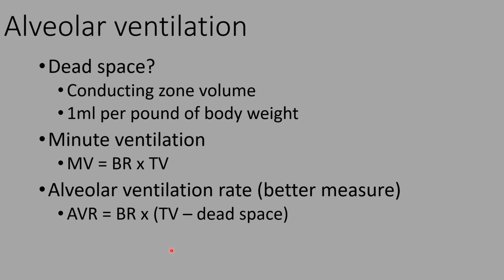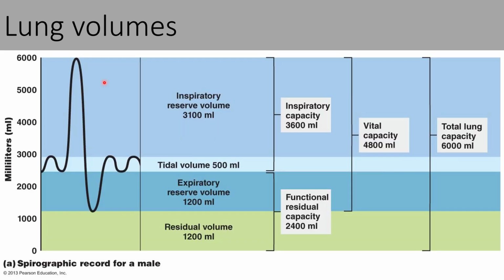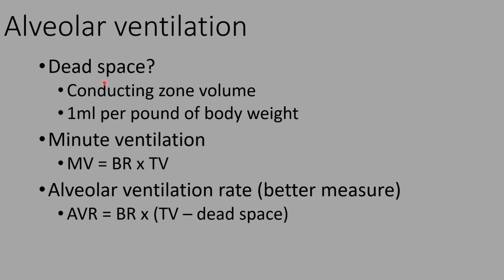And alveolar ventilation. So this is measuring some of those things that are going on in your lungs and how we use it for calculation. Well, first, there's one more thing that is not actually on this graph, and that's something called dead space or anatomical dead space. That means even though we talk about the lungs as though they are hollow, they're not really completely hollow. There are the walls of the alveoli, the walls of the capillaries, the walls of the bronchial tree.